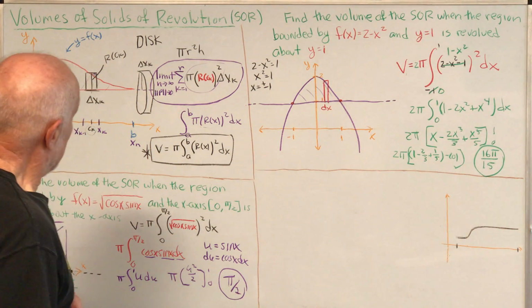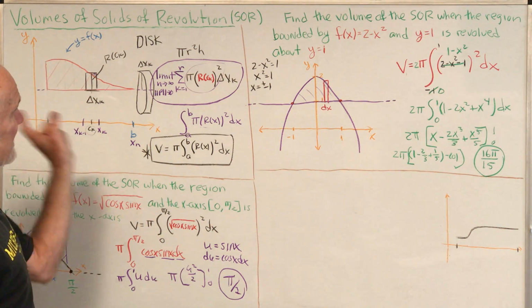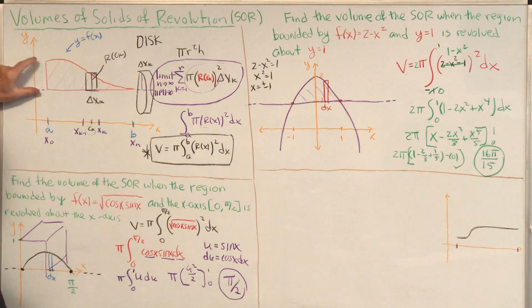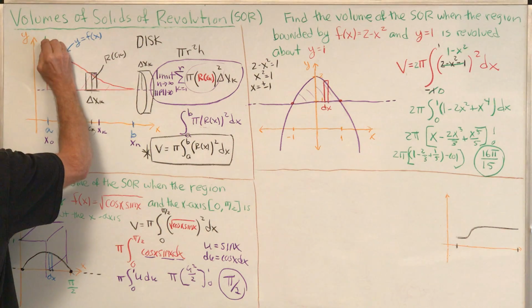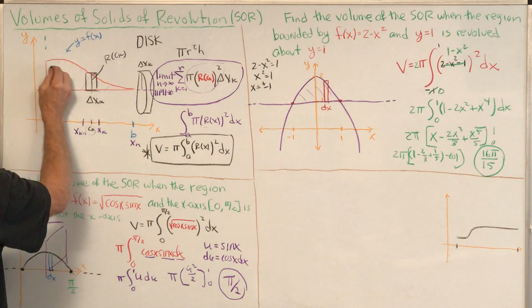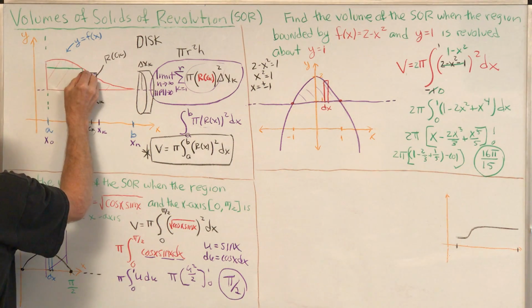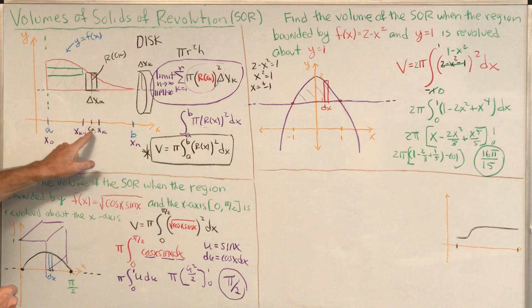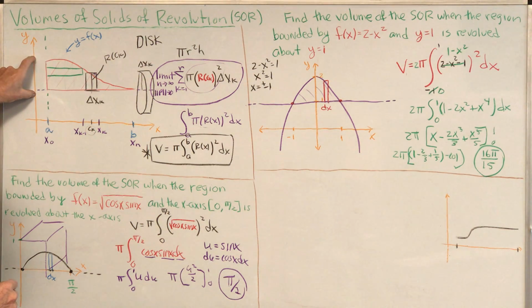Now, I'm not going to go through this in great detail, but we did this when we were doing areas. There's no reason, if I wanted to revolve this around this axis, that I couldn't make my rectangles on the side. And then I would just divide from here to here, say from c to d, and I'd call them delta y sub k for my widths.